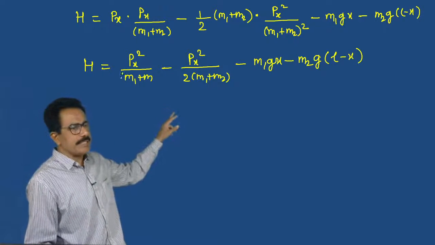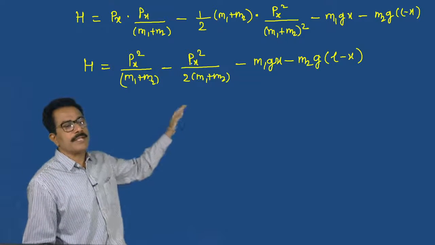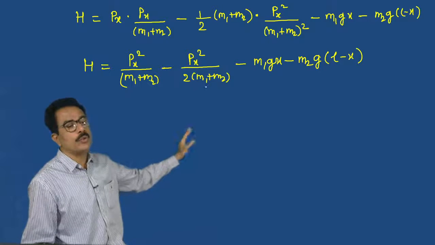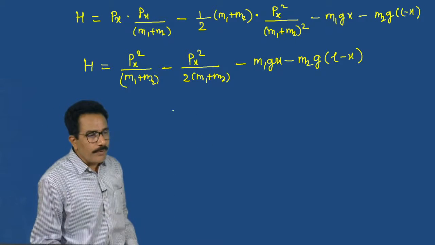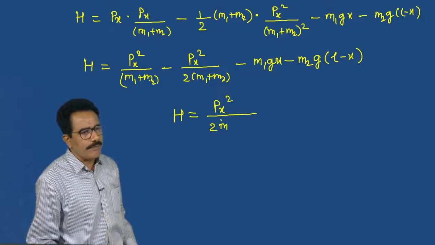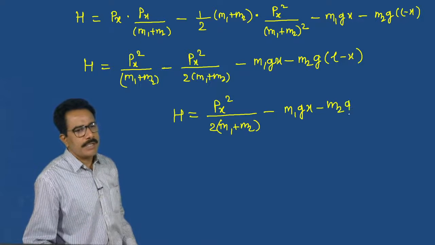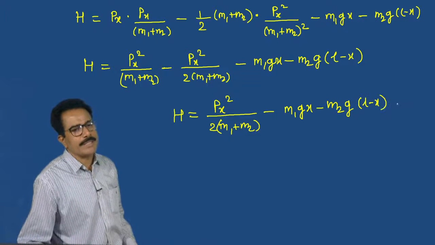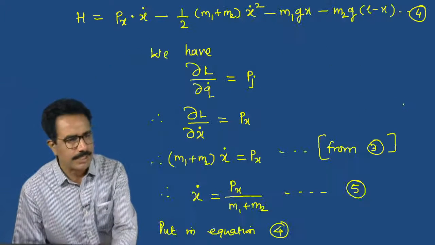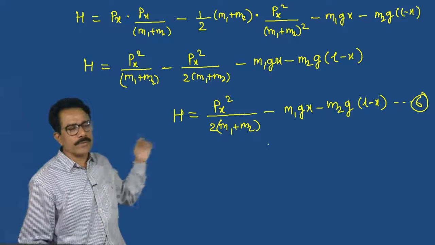Now you can subtract this, px square divided by M1 plus M2 minus px square divided by 2 M1 plus M2. So we can write this subtraction as px square divided by 2 times of M1 plus M2, minus M1 gx minus M2g into L minus x. Suppose this is equation number 6. बरोबर आहे का students? Is it okay?